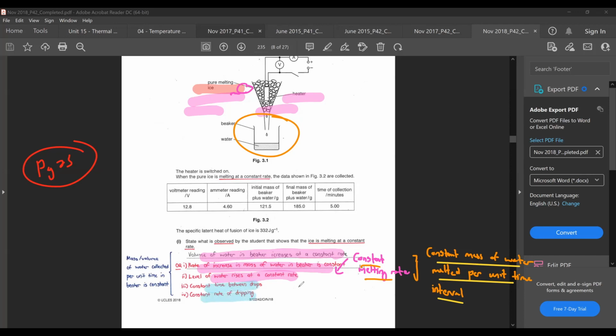These two, I think nobody would really write. This one is actually pretty rare. These first three would be something that most people would be able to write, because you have a constant mass of water melted per unit time interval. Your volume of water increases at a constant rate. Your rate of increase of mass of water in the beaker is constant. Your level of water rises at a constant rate. So you can use it to explain this.